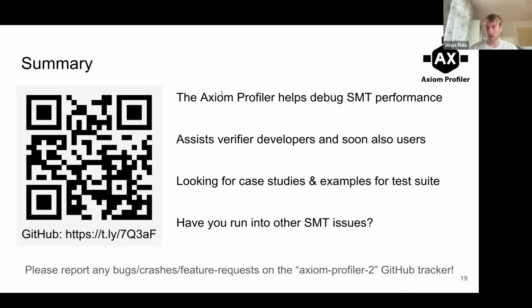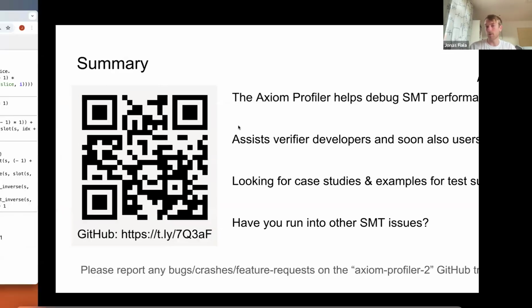And for the second part of the question, whether it handles push and pop, then yeah, currently that's logged within the log file if there's a push or a pop, and the Axiom Profiler handles it just fine. Maybe we could improve the visualization a bit.